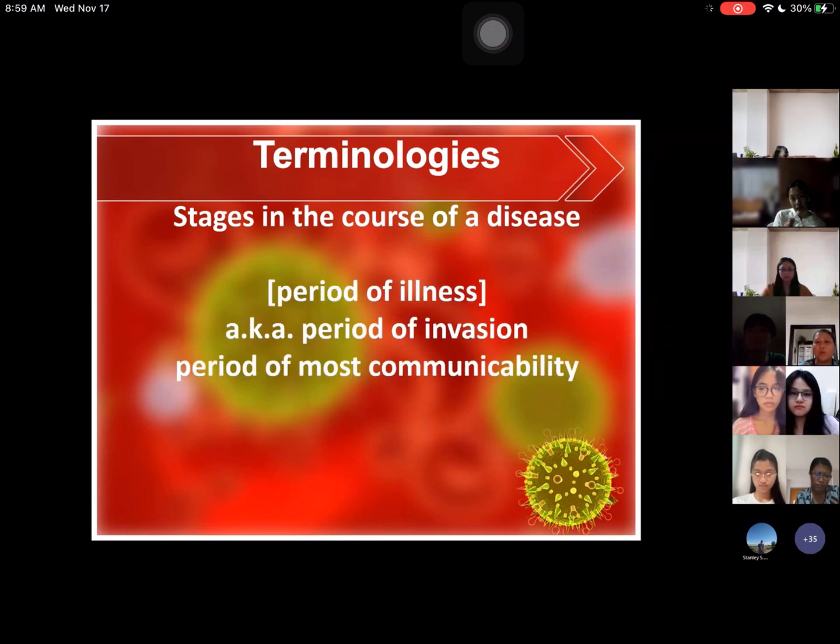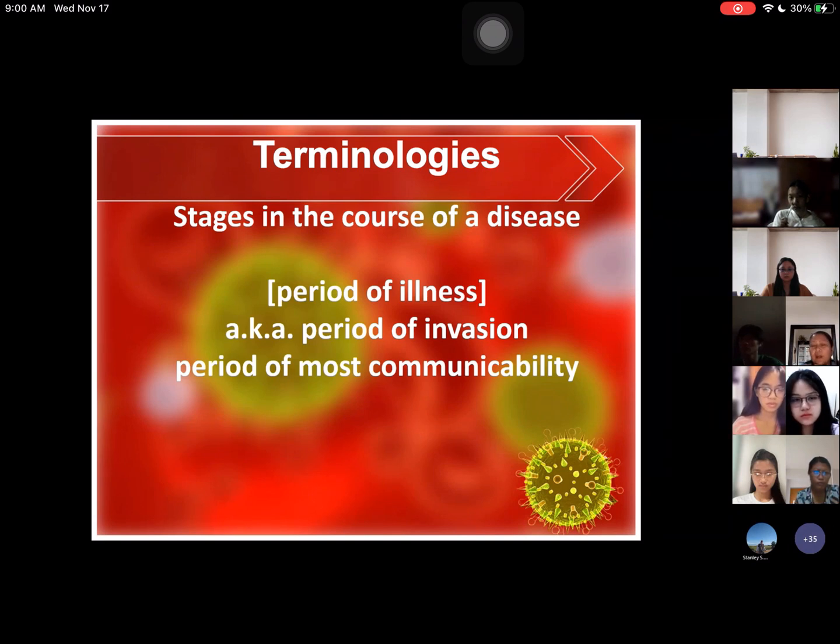The third stage or period is the period of illness. This is another term for the period of invasion. This is the period of most communicability, meaning this is the period where the infection or illness can be easily transmitted. You can now actually feel the specific signs and symptoms of the disease.